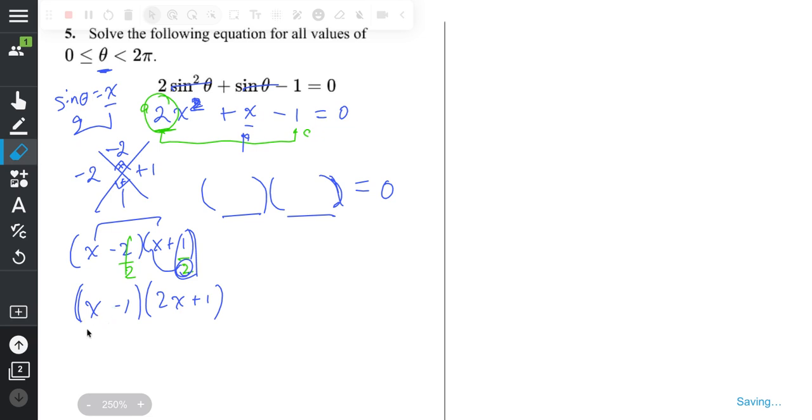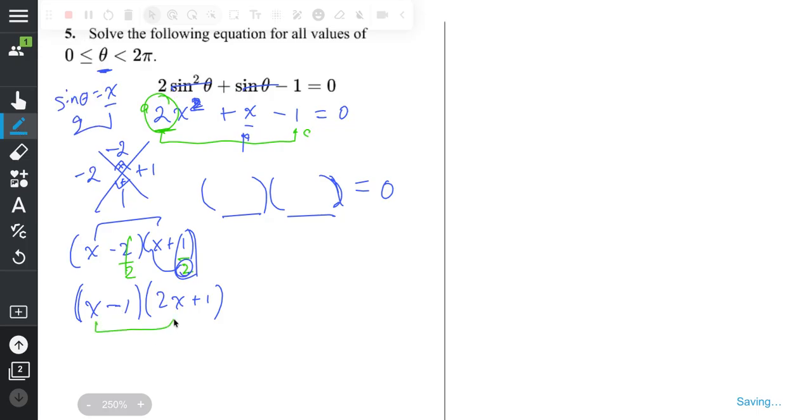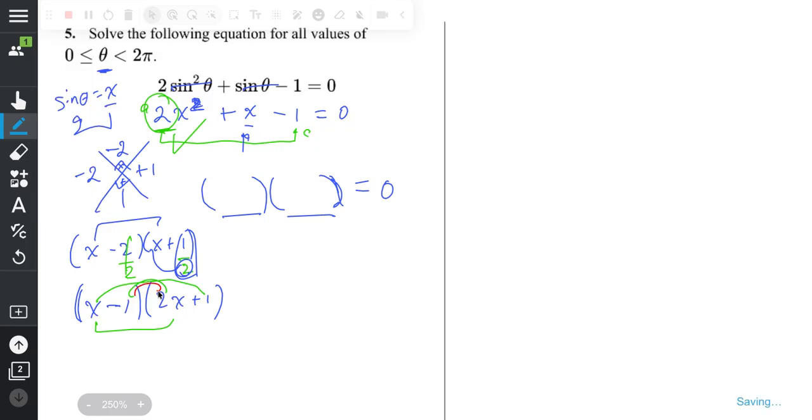And even though I've been doing this for years, it's worth doing a quick FOIL. 2x times x, looks good. -2, +1 resolves to, oh, there, that's a good reason why you should check. That makes a -1, -2 and +1. I switched the signs. You should have caught me. This should be +2.